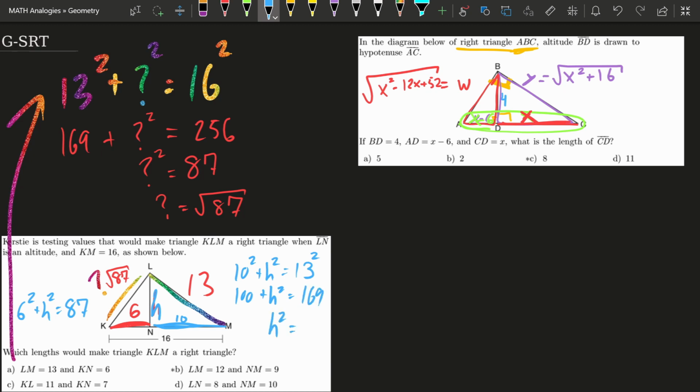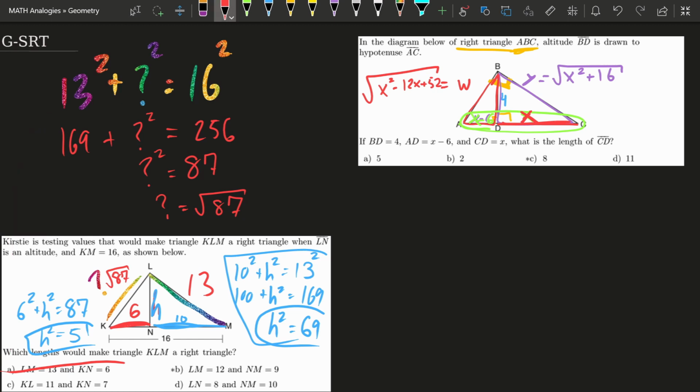So h squared equals 69 on this right hand side, but on the left hand side h squared is 87 minus 36, which would be 51. So, 51 is not the same as 69. Choice A fails.